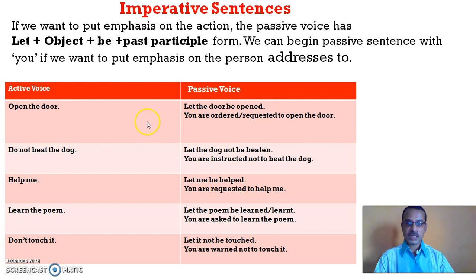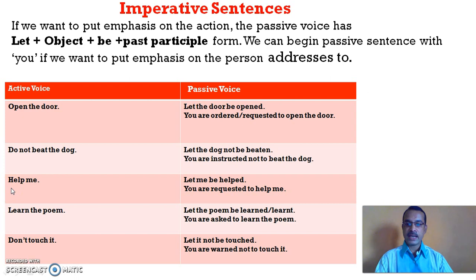By using 'let' and the past participle form of the verb, we can write the answer of such examples. This was the first example. In the second example, 'Do not beat the dog.' 'Let the dog not be beaten.' This is a negative sentence.